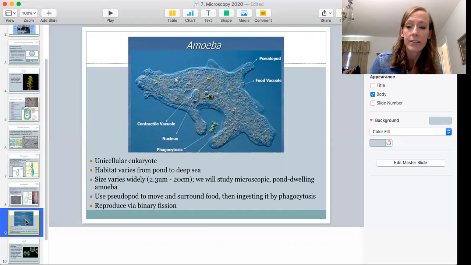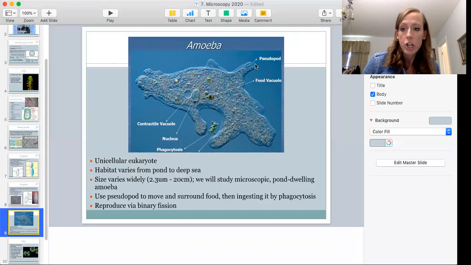They can vary in size from micrometers to centimeters, and their appearance will vary as well. We're going to study microscopic pond-dwelling amoeba. And they have a lot of the same structures that we looked at in the Paramecium, such as a contractile vacuole, a nucleus, and food vacuoles inside that the amoeba uses for food, nutrition.